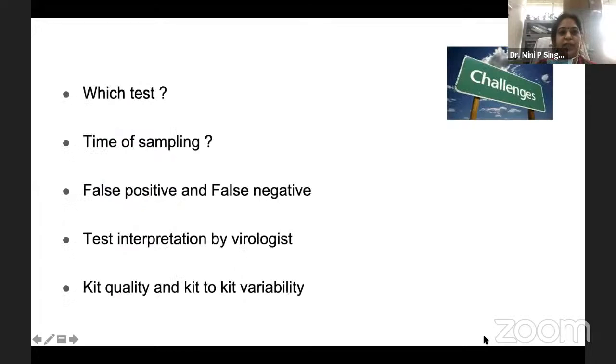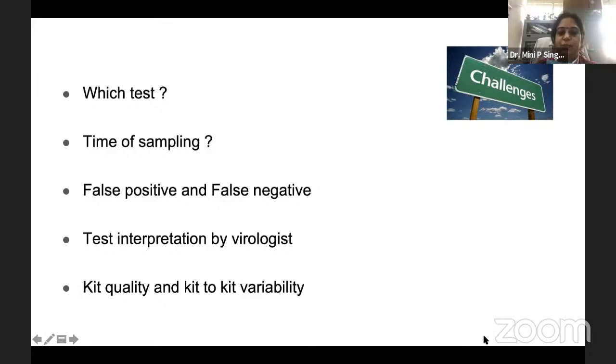So in my talk today, I will try to address these questions. Which tests should be done? What should be the time of sampling? What are the various false positives and false negatives associated with the test? The test interpretation by a virologist, and the test quality and test-to-test variability.